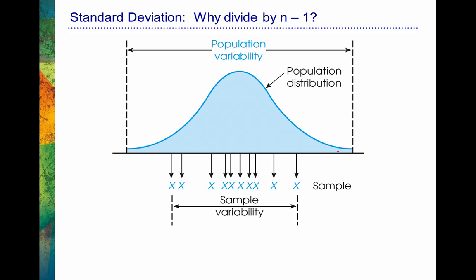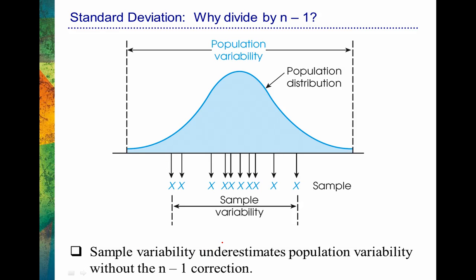Because there are so few people with these really high scores and so few people with these really low scores, it's just unlikely that they will be selected in my sample, even if I use great sampling procedures. So the bottom line is we know that sample variability tends to be less than the overall population variability from where the sample comes from. So sample variability tends to underestimate the amount of variability in the entire population.